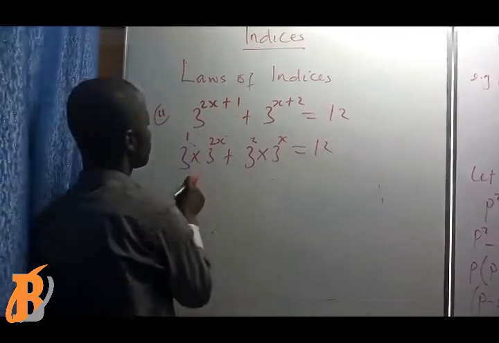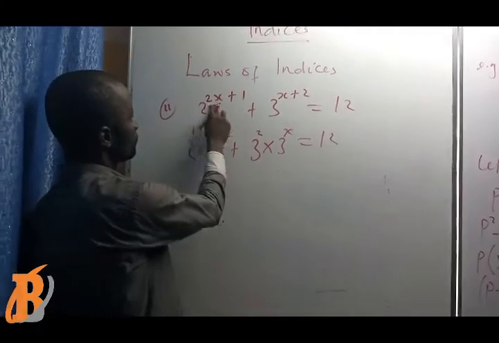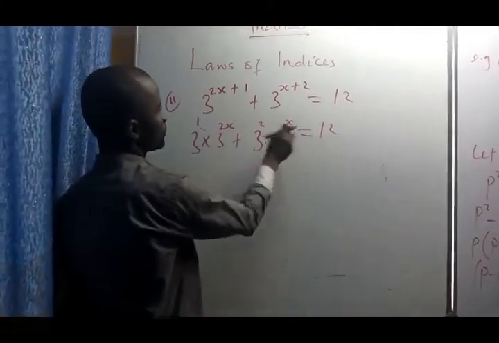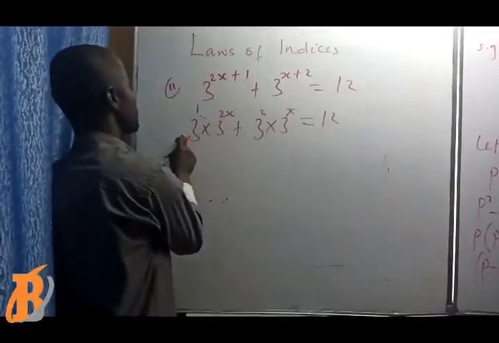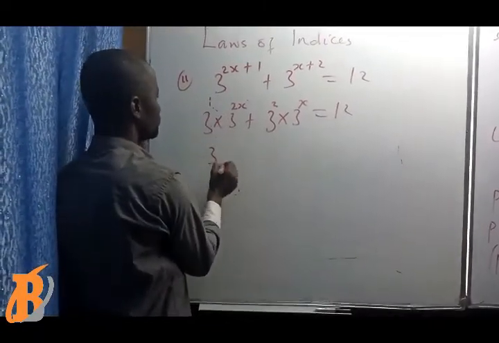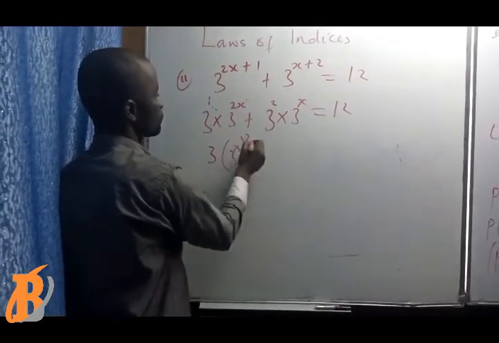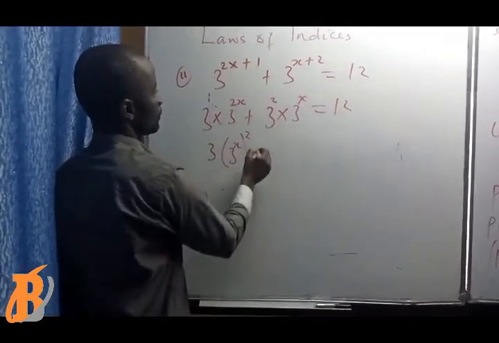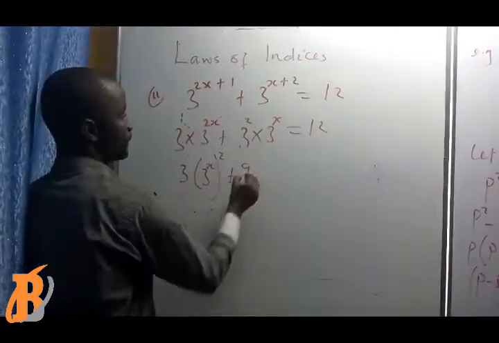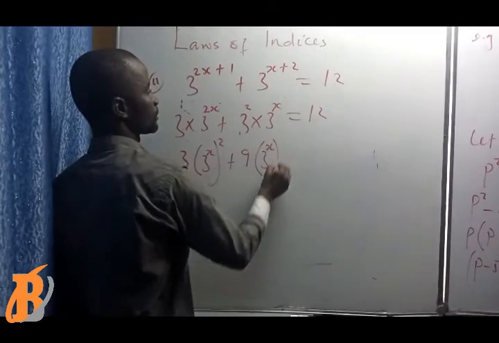That's the interpretation. Because of the same base, when you add this and this together, it will give you this. From this angle, 3 raised to power 1, that's 3 into 3 raised to power 2x, plus 3 raised to power 2, that's 9 into 3 raised to power x is equal to 12.